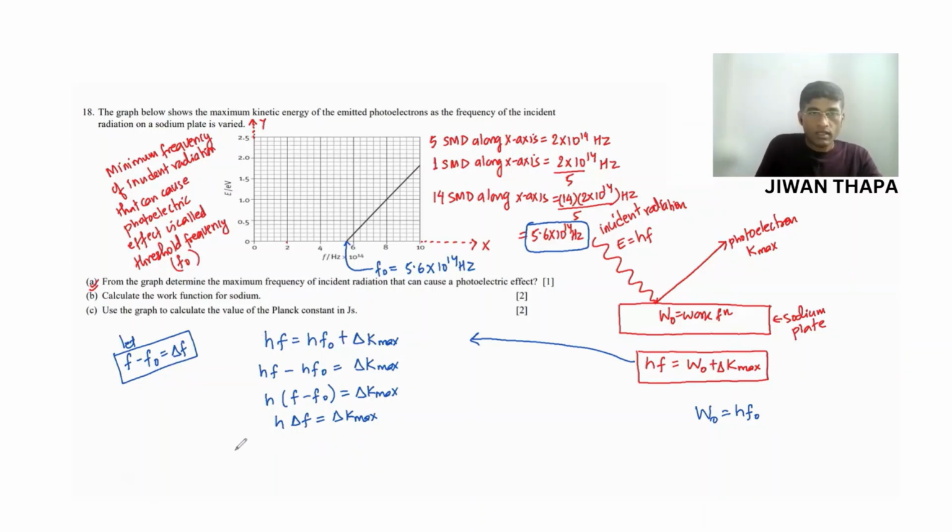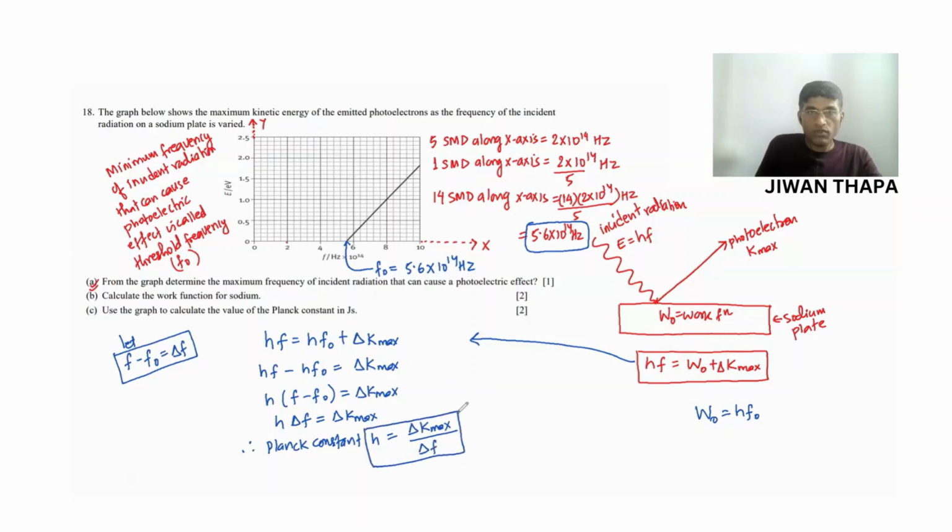Therefore Planck's constant h equals delta K max divided by delta f.